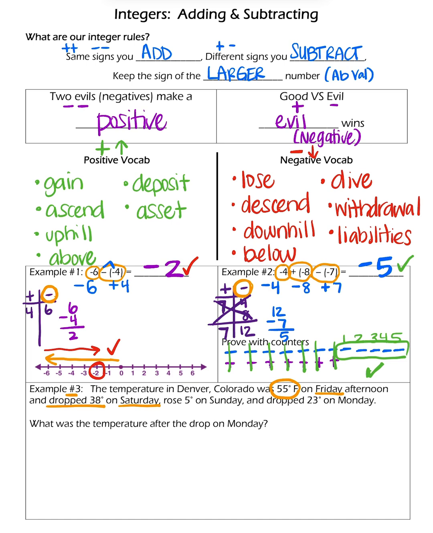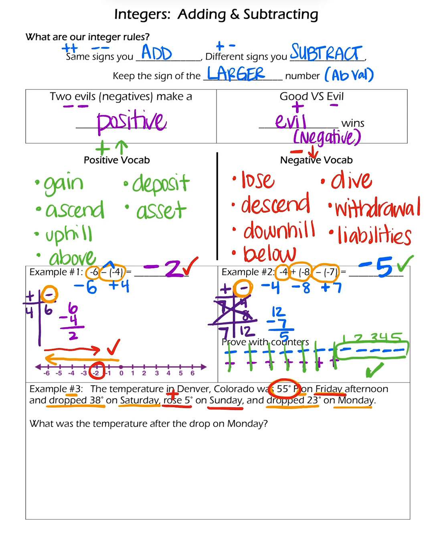And then it rose 5, so that's a positive vocabulary word on Sunday. And then again, it went back and dropped 23 on Monday. So again, dropped is a negative. So my original number was a positive number on Friday.